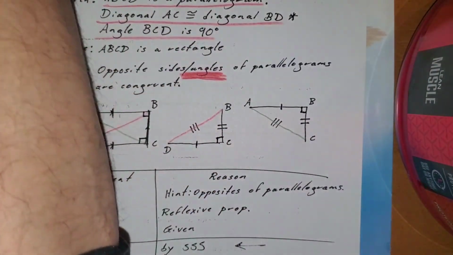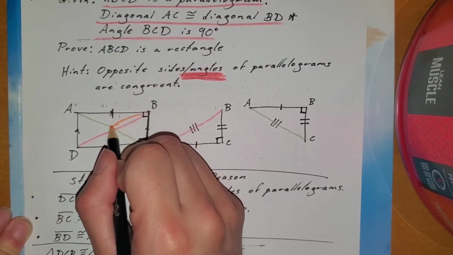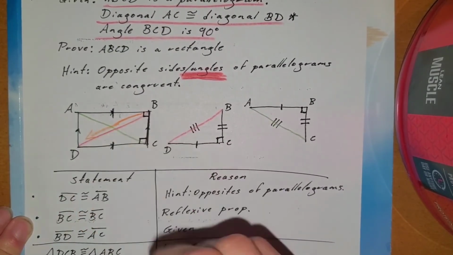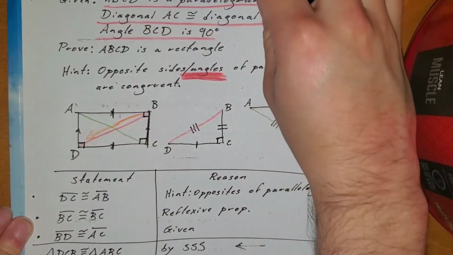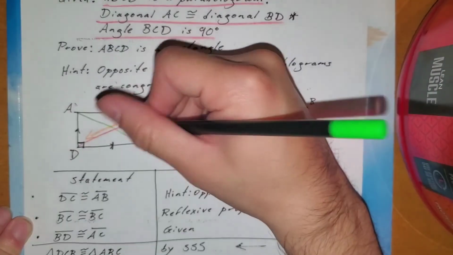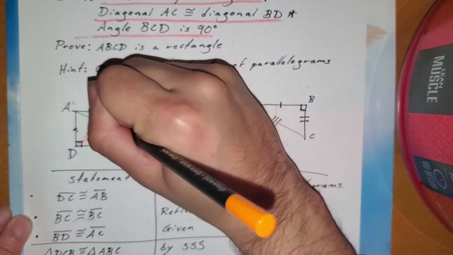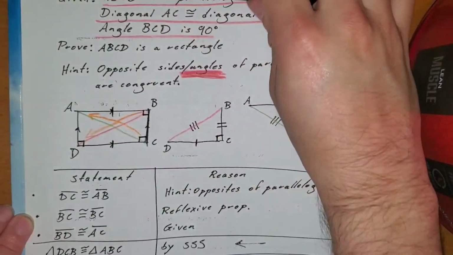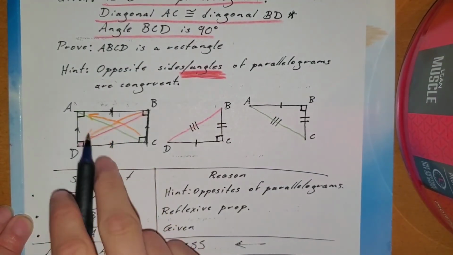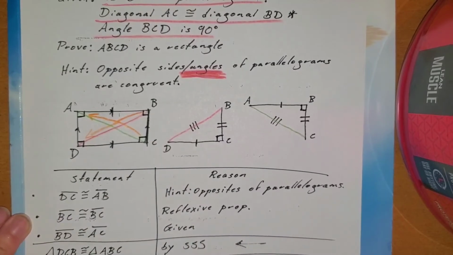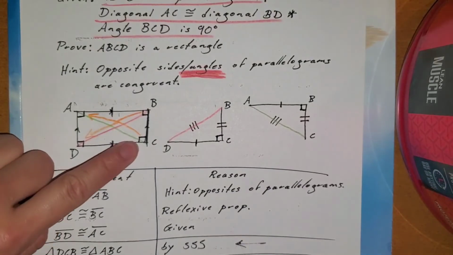That means that the opposite angle to B, which is angle D, is also 90 degrees. Similarly, the angle opposite to C, which is angle A, is also 90 degrees. Opposite angles are congruent.